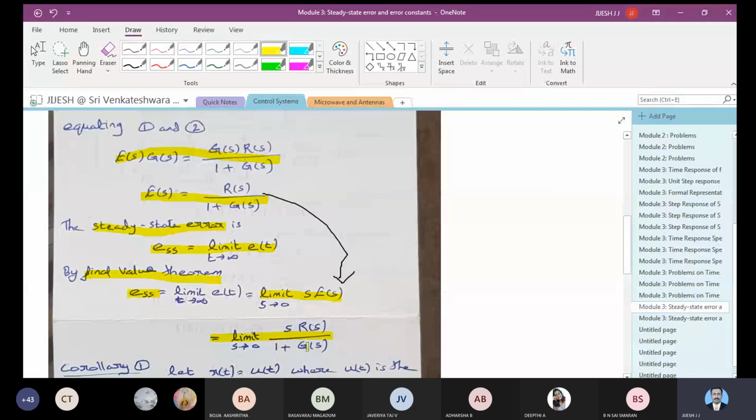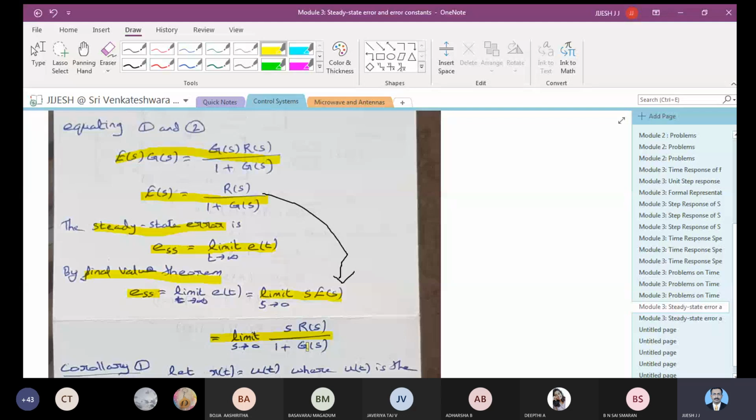Now we will go through some steps that we have to understand. We are going to use different test signals. What are the test signals we have studied? In the starting of the class, when we started this module 3, we studied unit step response, ramp response, as well as parabolic response.